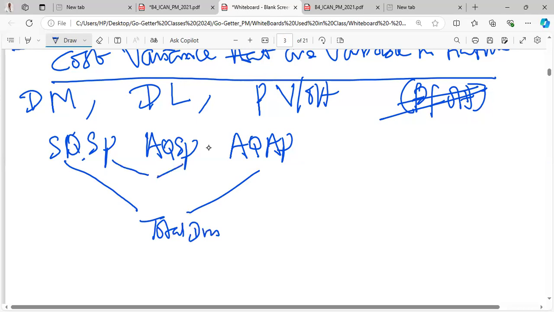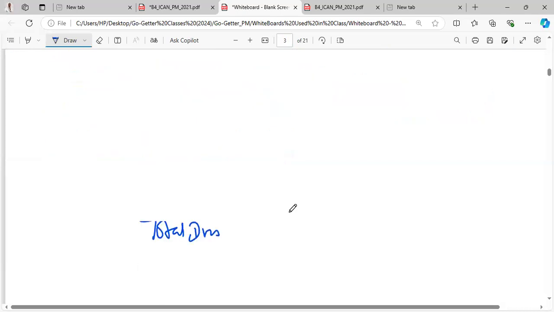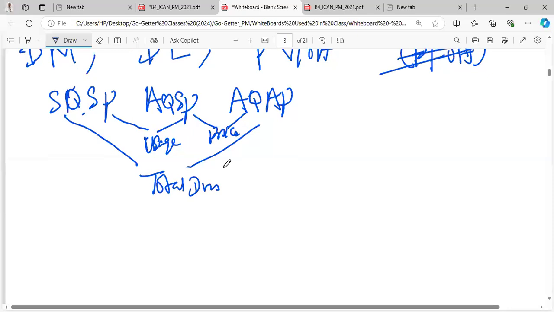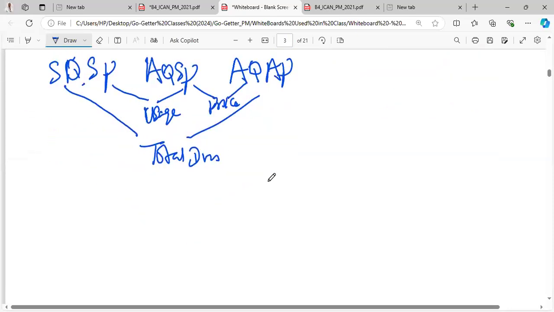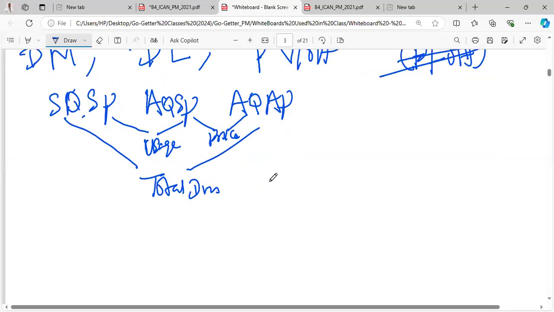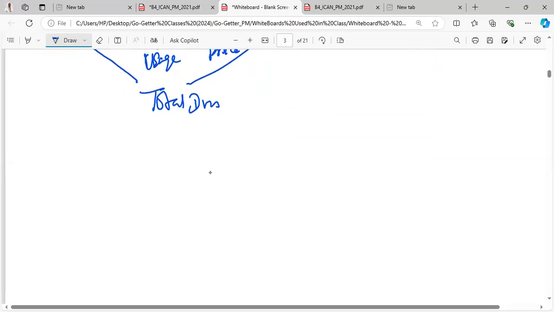And this is usage. This is price. Then for labor, I will call this direct material. For labor, all you need to do is to change it.